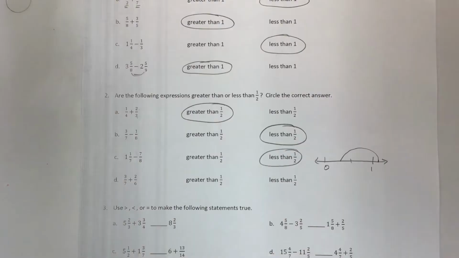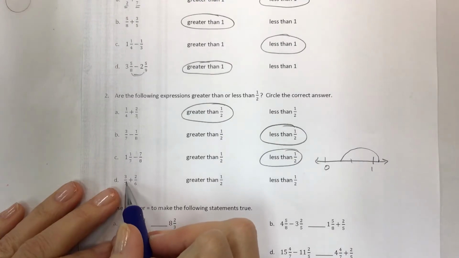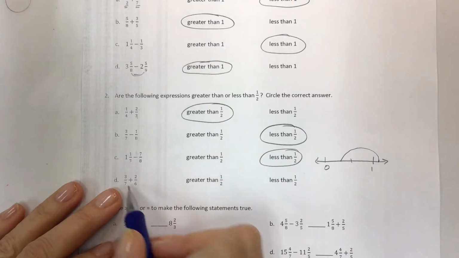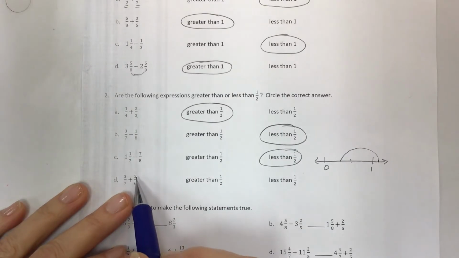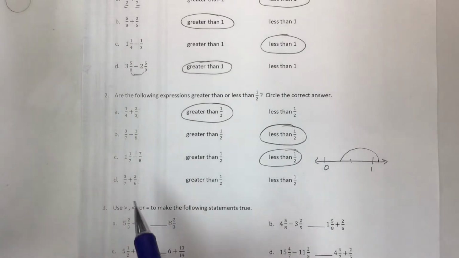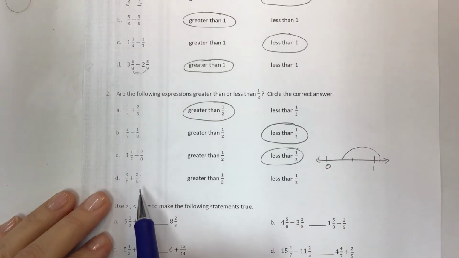It's 3/7 plus 2/6. Another one, okay? What if I have the 3/7, which is just a little bit less than half, and then I have 2/6, which is about 1/3, 1 out of 3. You can hardly help yourself making equivalent fractions when you look at these, okay?